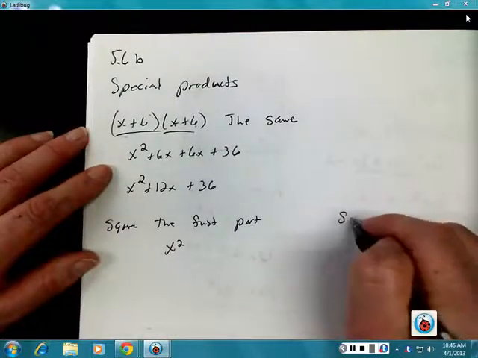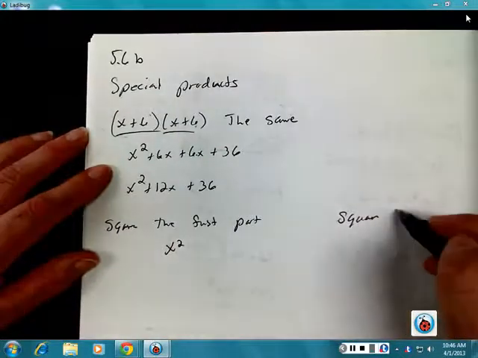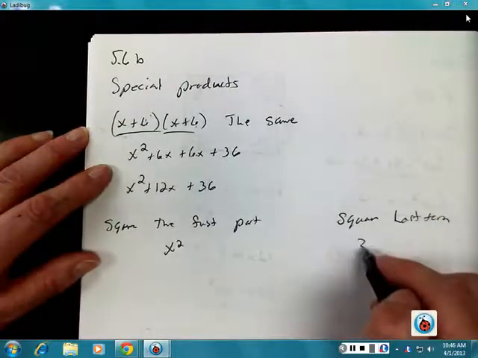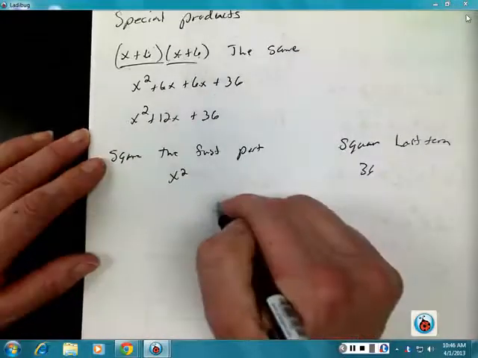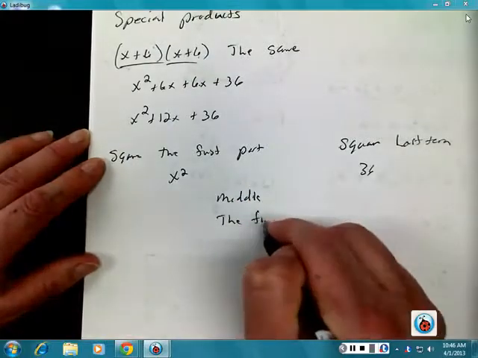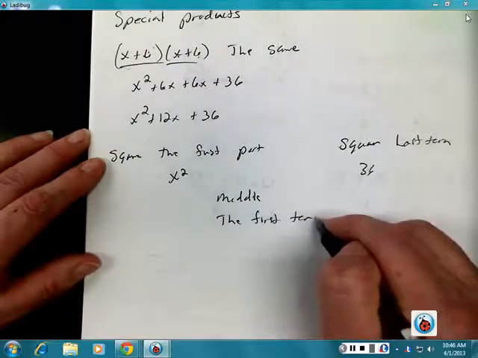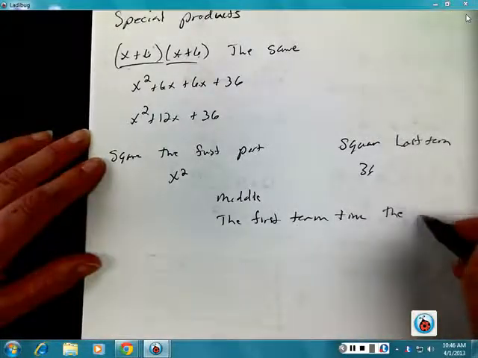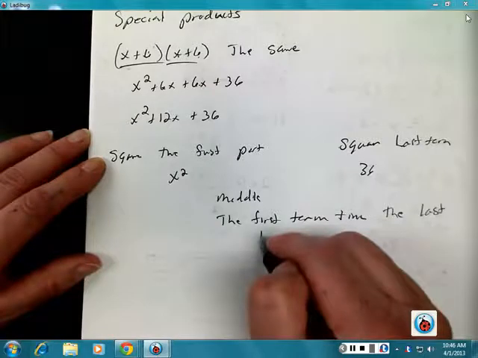Square the last part, or square the last terms. So 6 times 6 is 36. And the middle is the first term times the last term doubled.